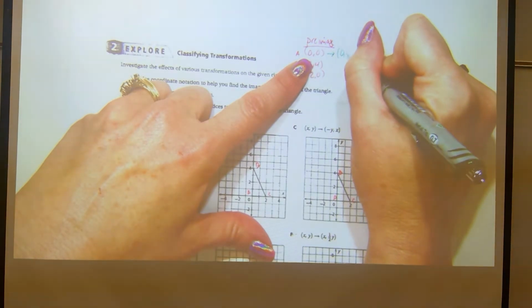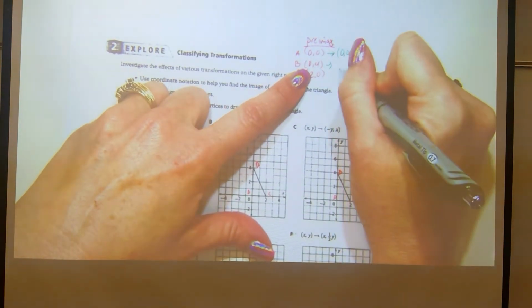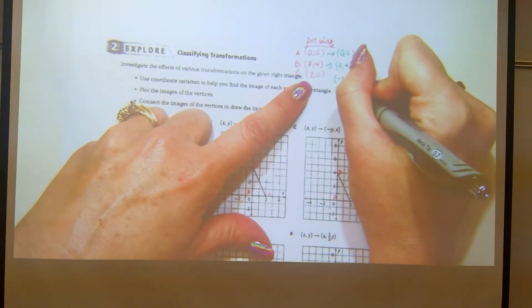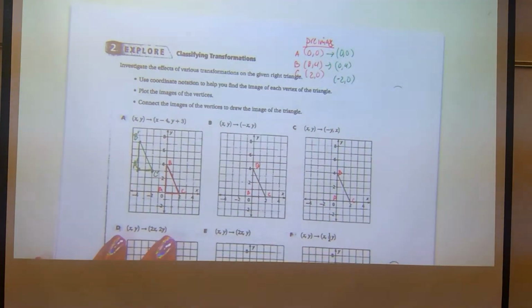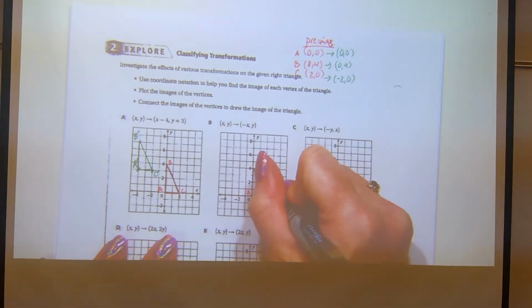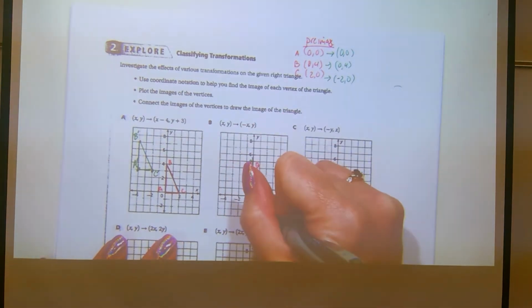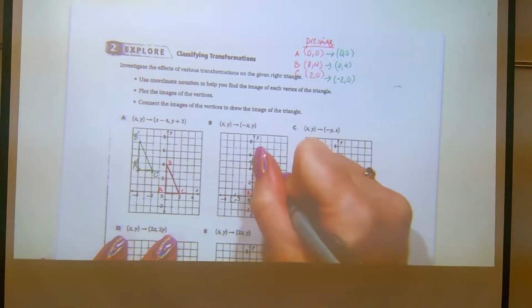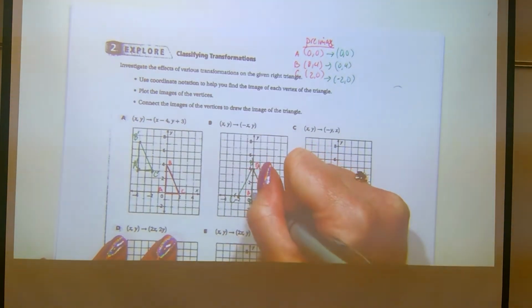So 0 is algebraically neutral, so that doesn't change anything, but C becomes (negative 2, 0). So when I do this transformation, A prime and B prime fall right on A and B, but C prime reflects across the y-axis.